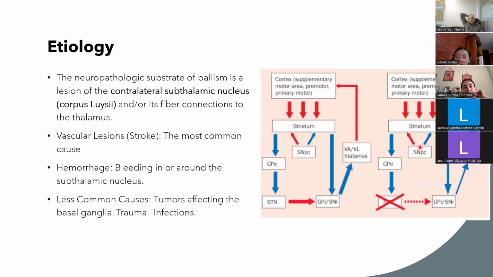Okay, so substantia nigra first, which goes to the striatum, with dopamine, and which causes an inhibition of the globus pallidus externus, I'm guessing, and then that technically inhibits the other part, the subthalamic nucleus?